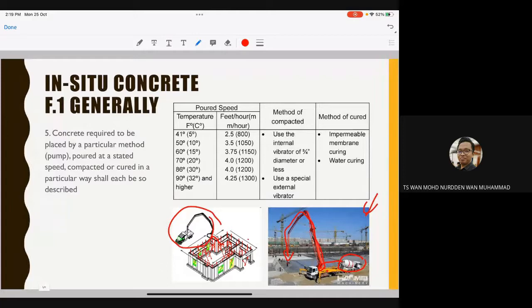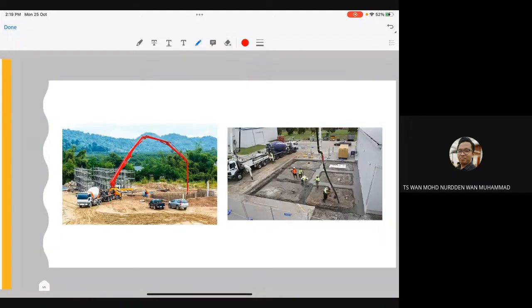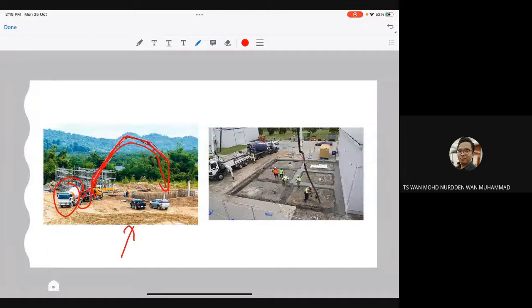So number 5 is to describe if we specifically need to use that kind of method. Concrete required to be placed by a particular method, pump, poured at stated speed, compacted or cured in a particular way shall be so described. This is how they use a pump.